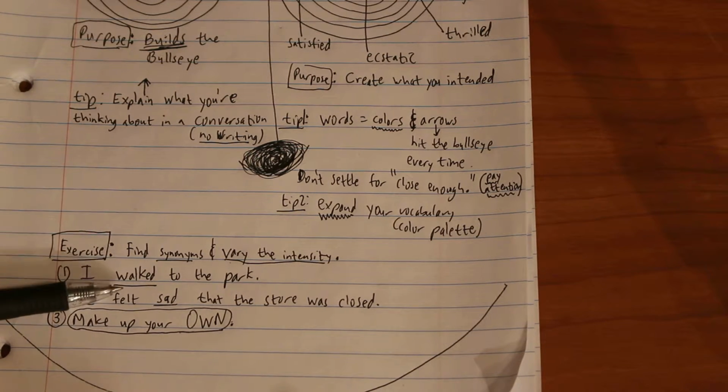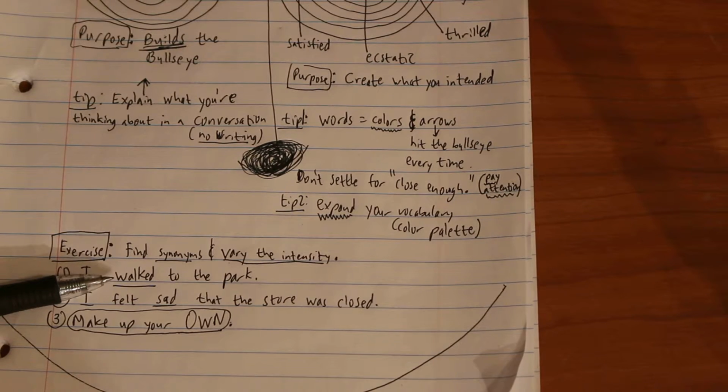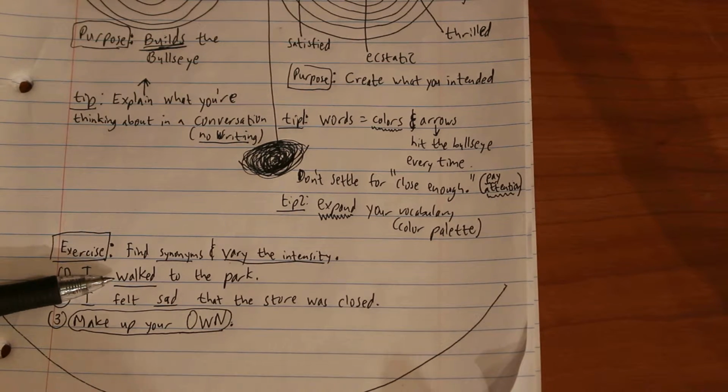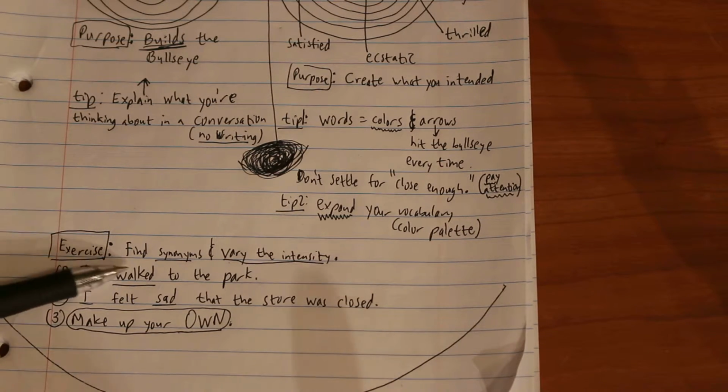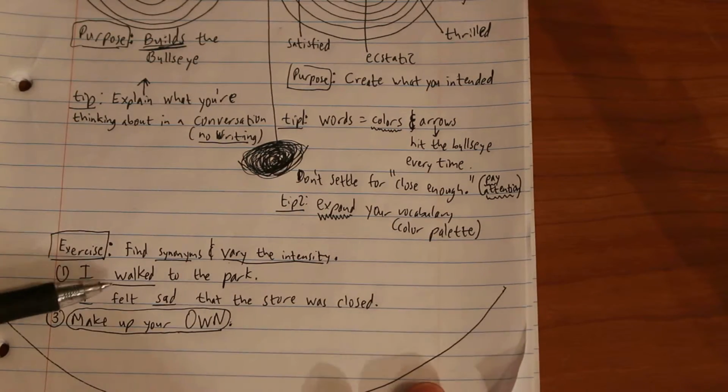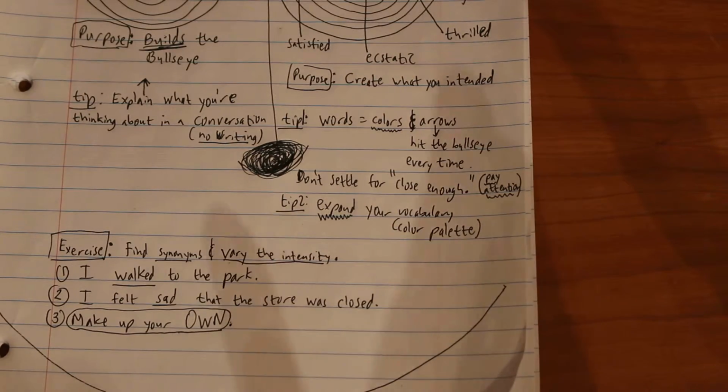Not only is hobbled probably indicating you didn't walk fast, it's also indicating that you had kind of a quirky and maybe abnormal or unhealthy, like you were injured, type of walk. So words can vary in intensity along many dimensions at the same time. This bullseye is a little bit oversimplified because it could be many dimensions.